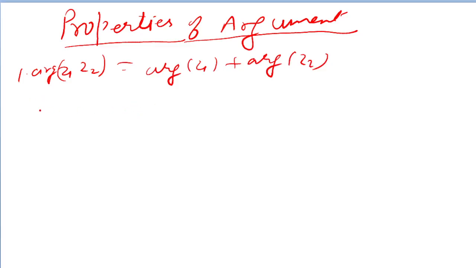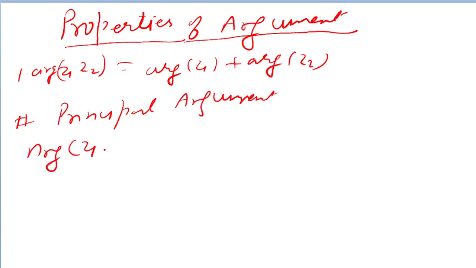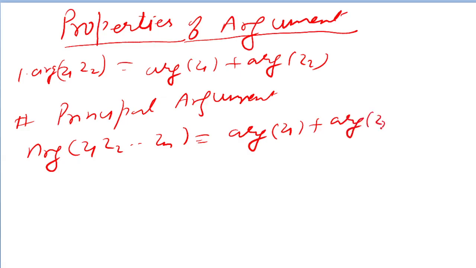But the interesting thing is the principal argument. So for the principal argument, I can say arg(z1 z2 up to zn) is equal to the argument of z1 plus the argument of z2 up to the argument of zn plus 2k pi, where k is any integer.